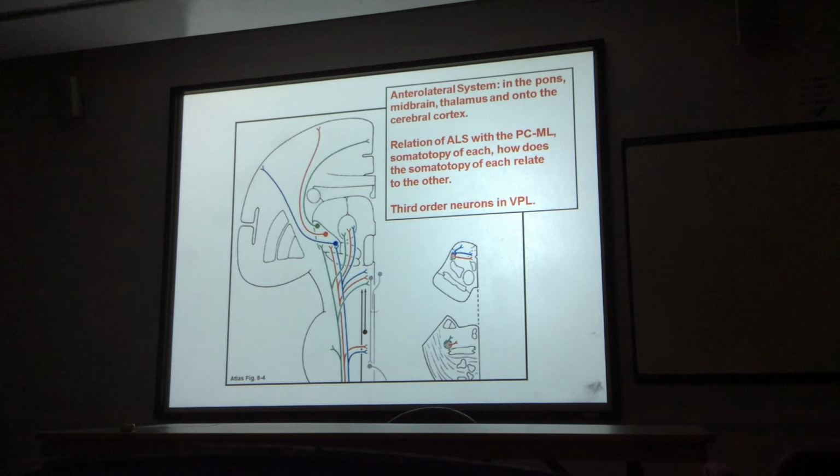As you notice, many of the tracts in the brainstem are pretty organized. You know, you see they're pretty evident even in the stained sections. And of course, these pathways retain their somatotopy. So when the medial lemniscus is here, that's upper extremity, lower extremity.